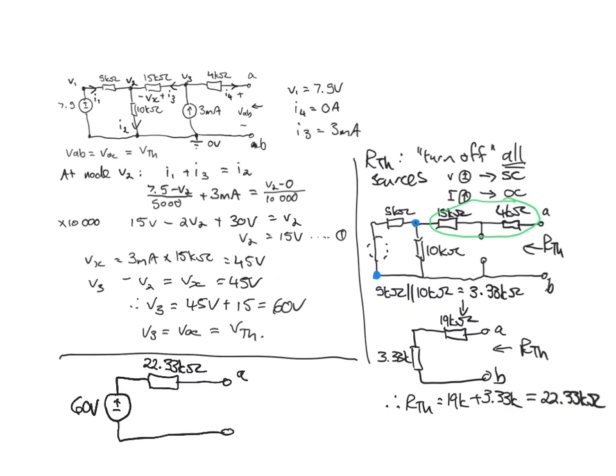And Thevenin's theorem tells us that this circuit is equivalent to this circuit. But if you don't believe they're equivalent, then you can put a 10 kilo ohm load on both.